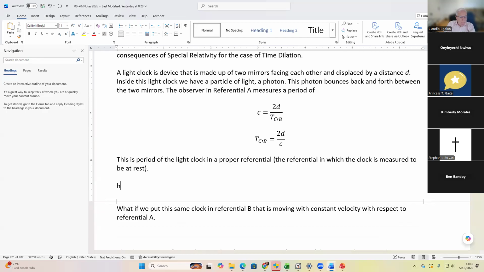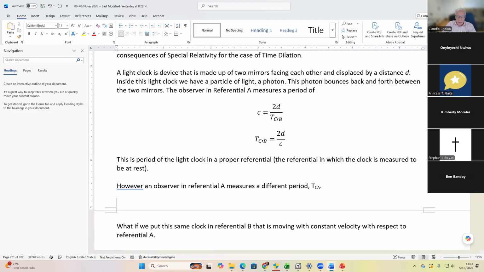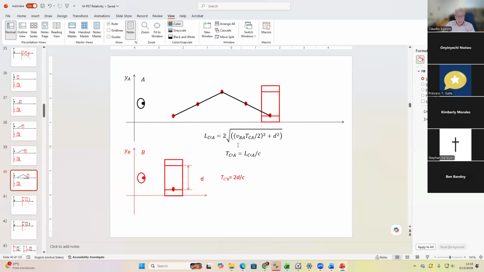However, an observer in referential A measures a different period that I call T C prime with respect to A. And this period is going to be that one that you saw, this one right in here.